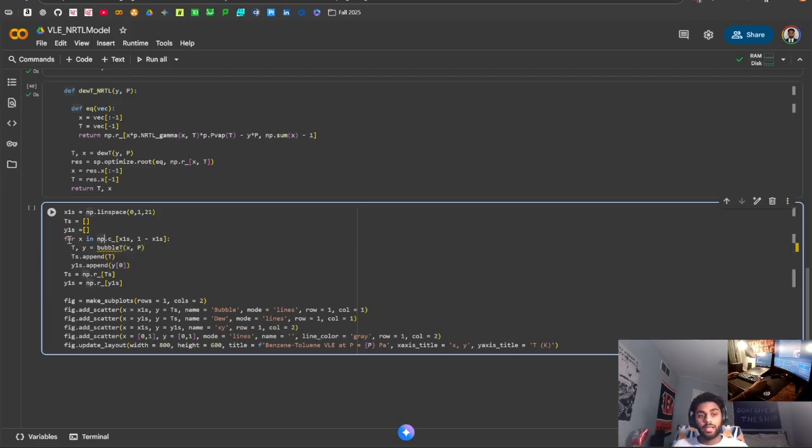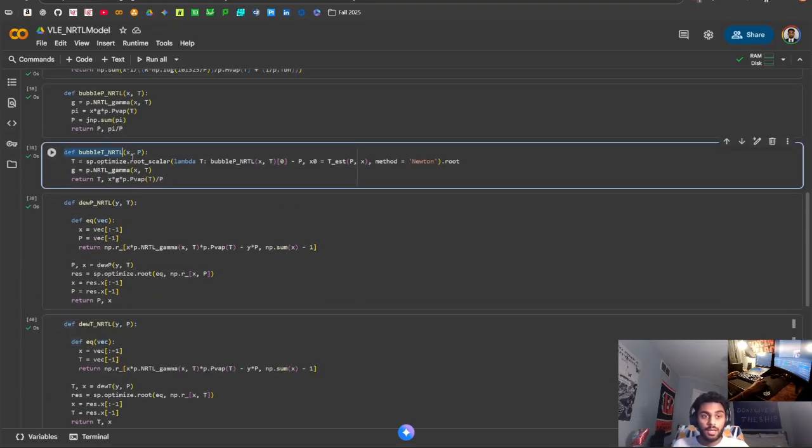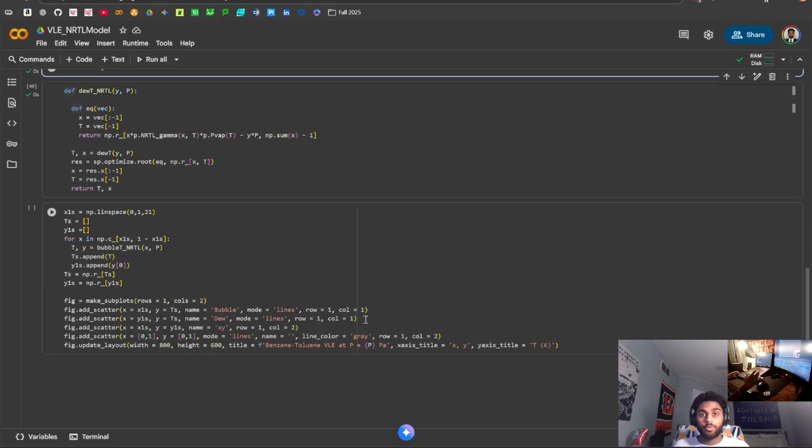And we're basically saying for x, which is our counter, in our column concatenated x1s, and then 1 minus x1 is going to be our x2. For each of those, we want to run our bubble T calculation, except now we're going to be running the NRTL version of it, which we have just calculated, and it's going to be using this function up here. So what we're going to be creating is a TXY diagram.